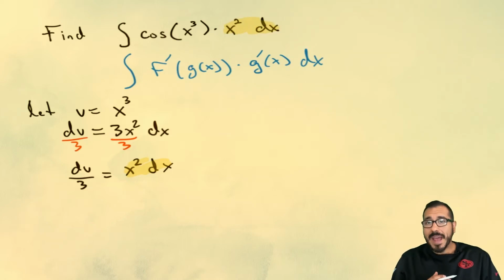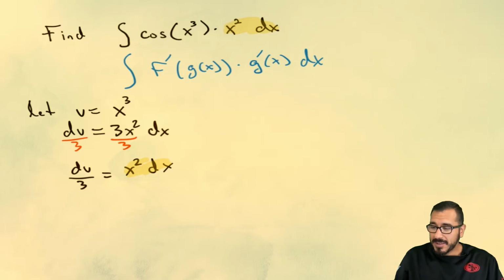So when I go back and do this substitution, I'm going to let x squared dx equal du over 3, and we already said that u equals x cubed. So wherever I see x cubed, I'm going to replace it with u. Let's do it and see what happens.